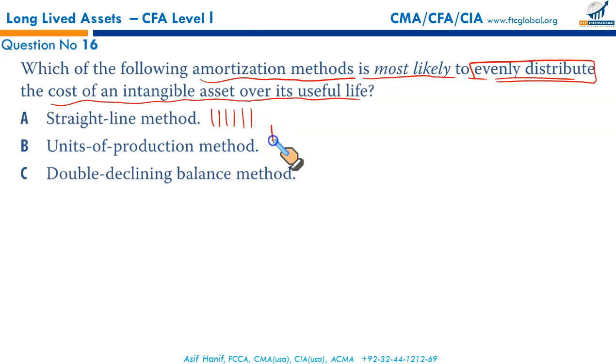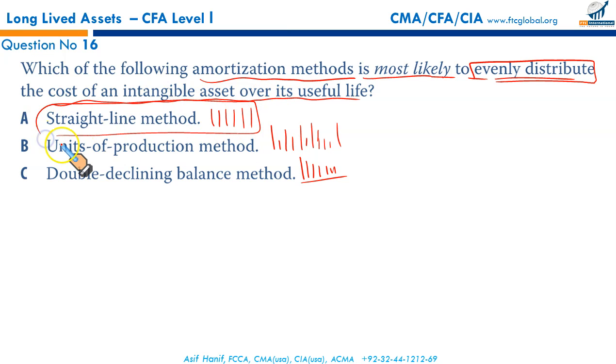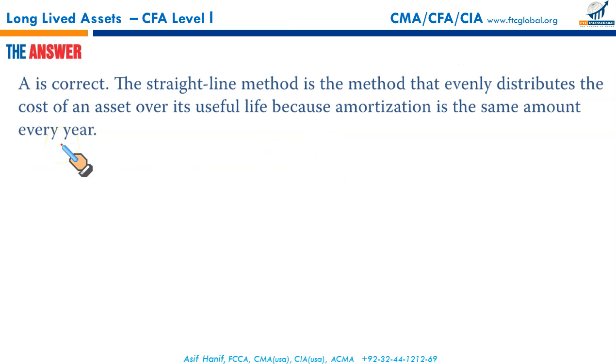If you produce more units, more depreciation. Fewer units, less depreciation, less amortization. So it's variable depending upon the usage. The double declining balance method will result in higher depreciation in the early periods and lower depreciation in the later periods. Since we want to evenly distribute the amortization expense of the intangible assets, we will go for the straight line method, and that is clearly A, the right answer.